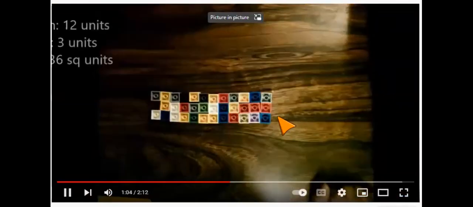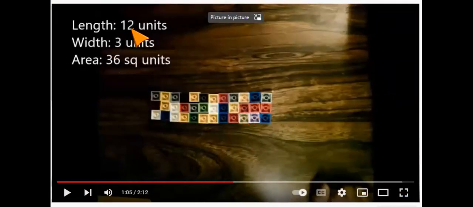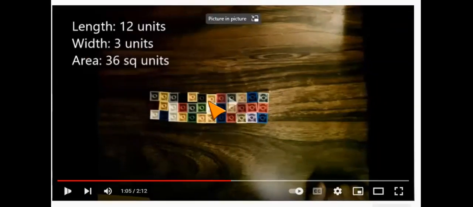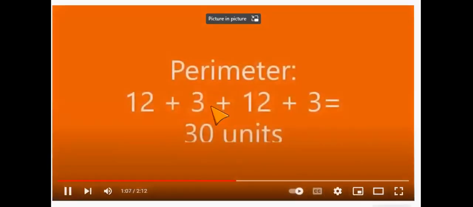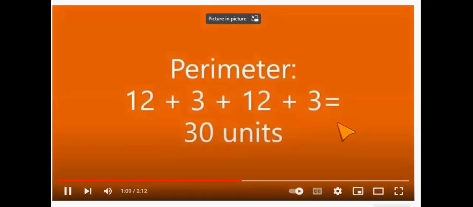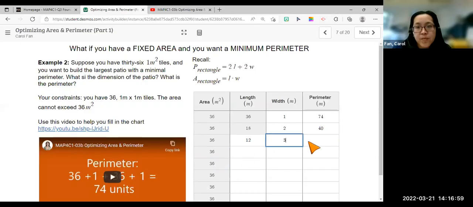Now what if we put them into 3 rows? I now have 12 for the length and 3 for the width. So let's add them up. 2 lengths, 24, and 2 widths, that's 6. Gives us 30 meters.